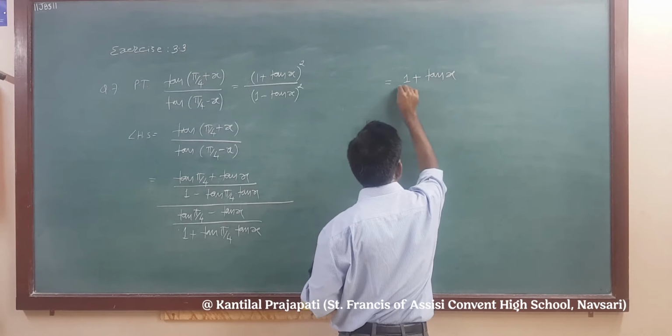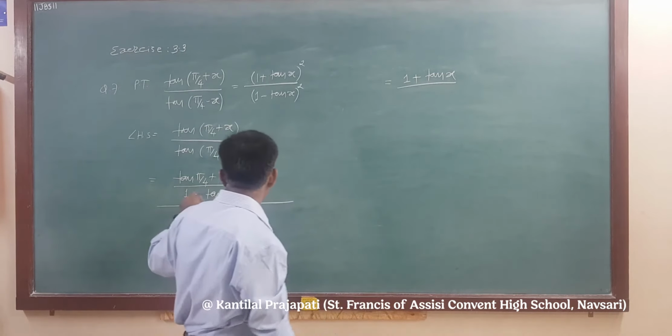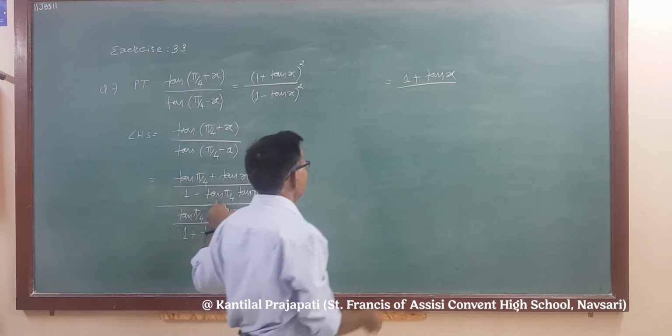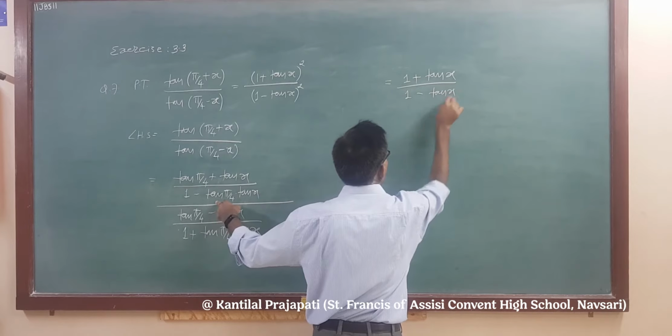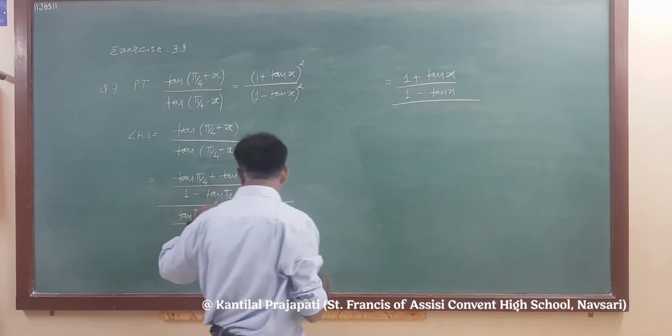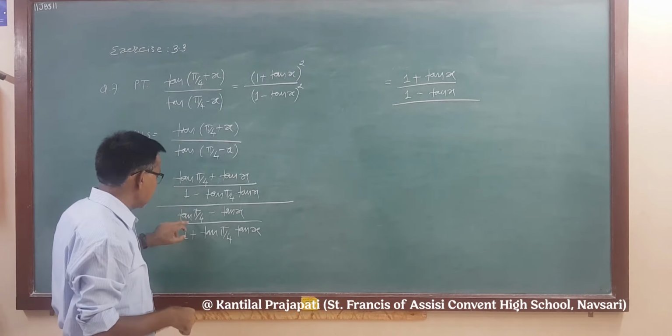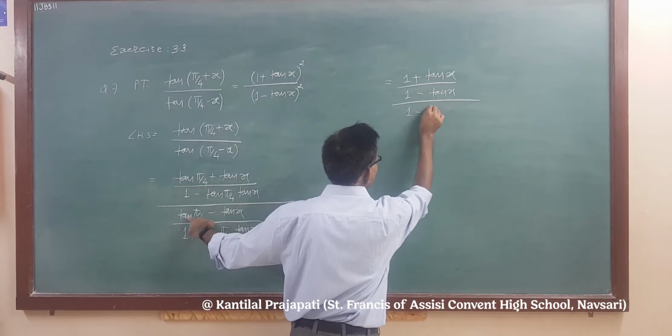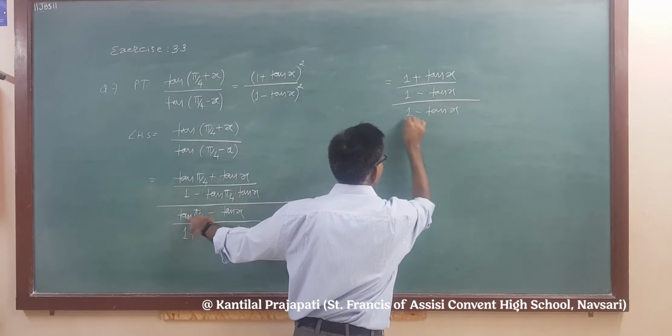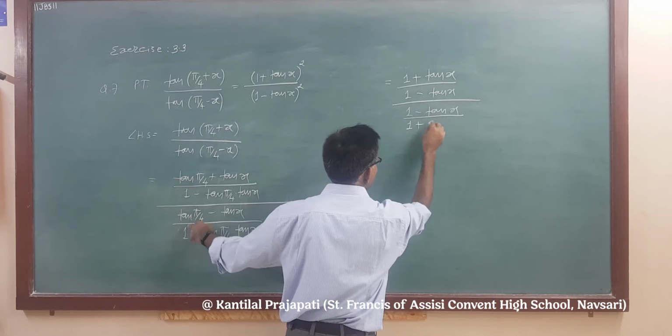Then 1 minus tan pi by 4 into tan x, that is 1 minus tan x, whole divided by, in the denominator, 1 minus tan x upon 1 plus tan x.